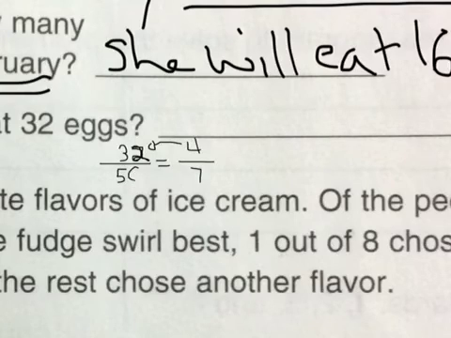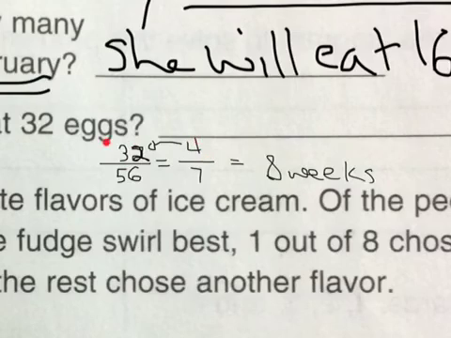Now, 56 is the number of days. If we divide that by 7 to get the number of weeks, we get 8 weeks. Okay, because that's what we had to do to the 4 to make it 32. We have to multiply it by 8, so that's 8 weeks.